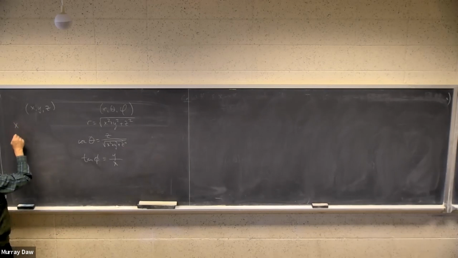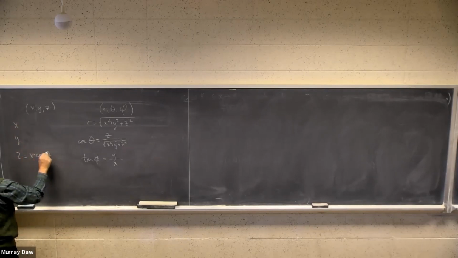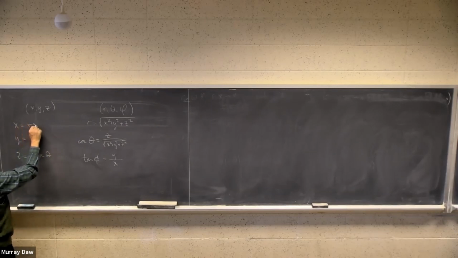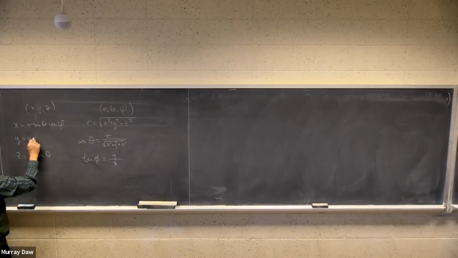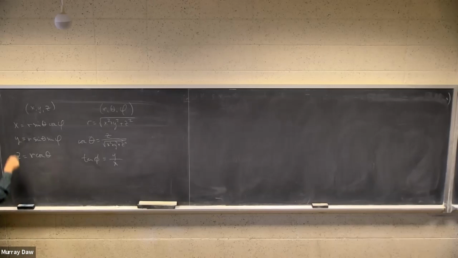The other way around, x, y, and z are given in terms of r, theta, and phi, starting with z equal to r cosine theta. That's how you go from polar to Cartesian. So it's kind of similar to the 2-dimensional polar coordinates, a little bit different.